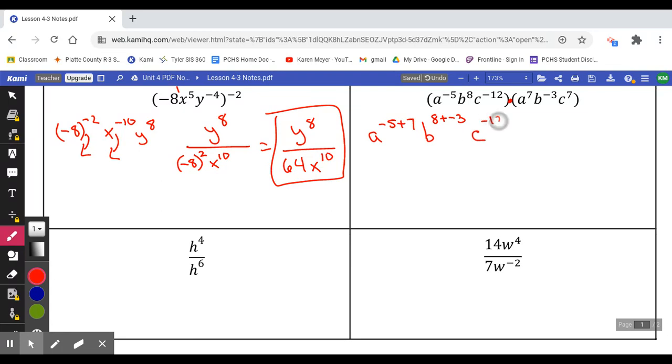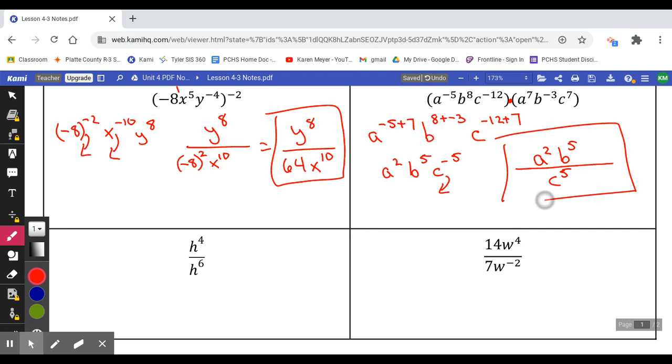And for C, I'm going to take negative 12 plus 7. So that's going to give me A to the second, B to the 5th, and C to the negative 5th. C has a negative exponent, so it's going to go down. A to the second, B to the 5th are going to stay on top because they have positive exponents. And then on the bottom, it becomes C to the positive 5th. Done.